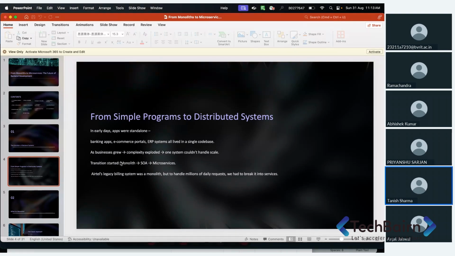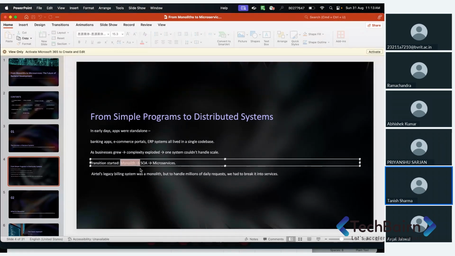The transition was from monolith, people transitioned to SOA. SOA means service oriented architecture, right? Service oriented architecture is basically a transformer in between the monolith and the microservices.